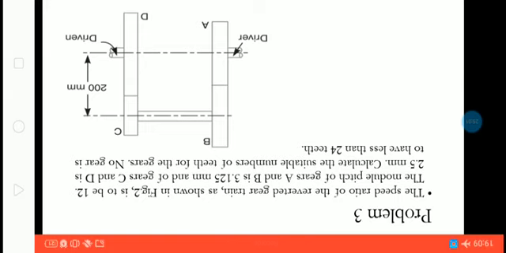Then you have to change R or D to T. How will you change? You need an expression for D and T. Module is given, right? Simple. Module for A and B, MA and MB, is 3.125. What is module?